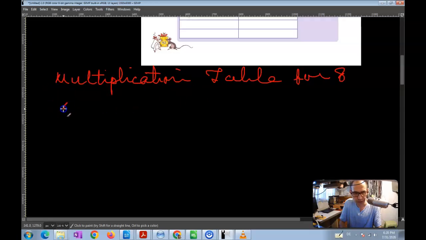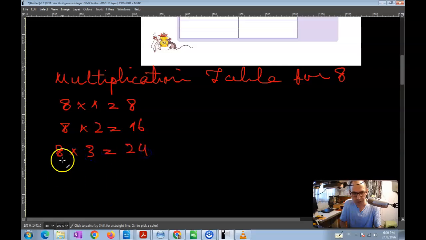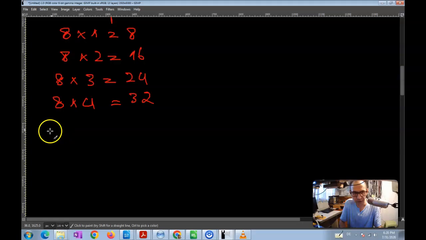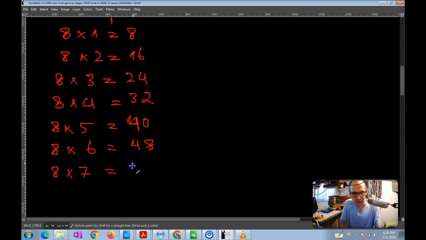And so we have 8 times 1 is equal to 8, and 8 times 2 is equal to 16, and 8 times 3 is equal to 24, and 8 times 4 is equal to 32, and 8 times 5 is equal to 40, and 8 times 6 is equal to 48, and 8 times 7 is equal to 56.